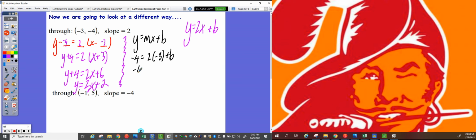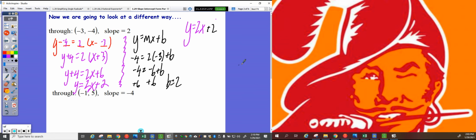So -4 equals -6 plus b. When I add that 6 to both sides, b is going to equal 2. So then I will replace this b with 2. And that's it. Okay?